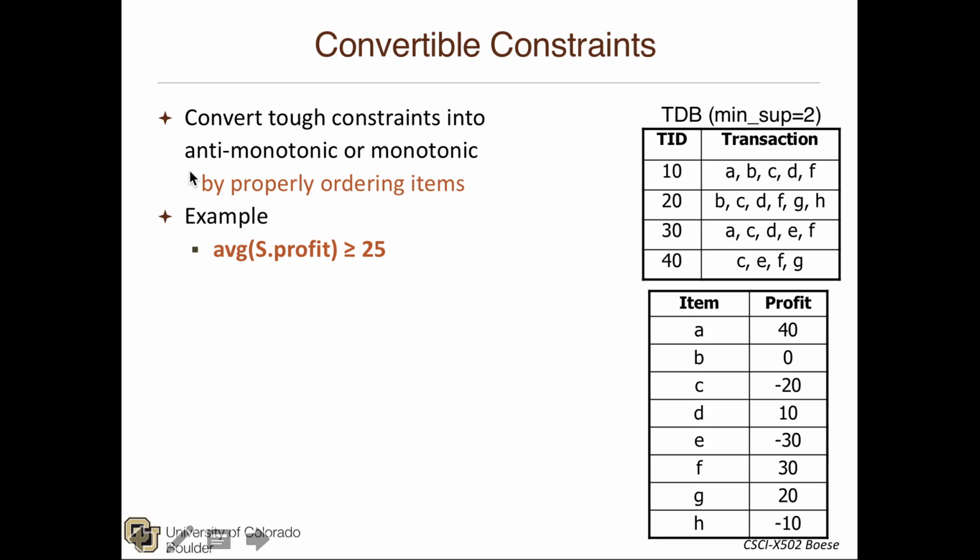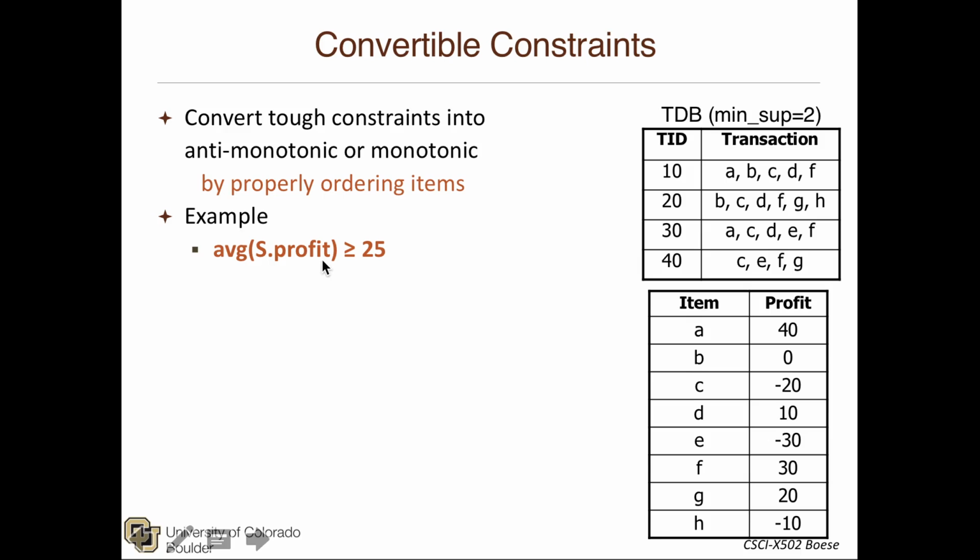But when we have something more difficult like the average of the sales profit in the set, we can make this easier to work with by ordering our items. So our average, we're looking for it to be greater than or equal to 25. This will get violated if we end up below this.